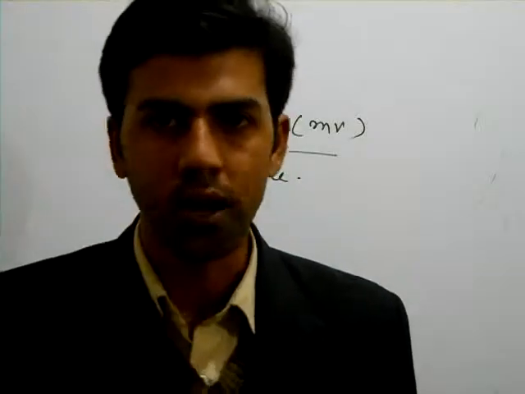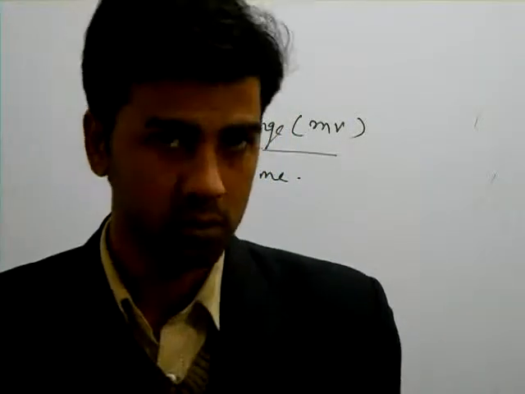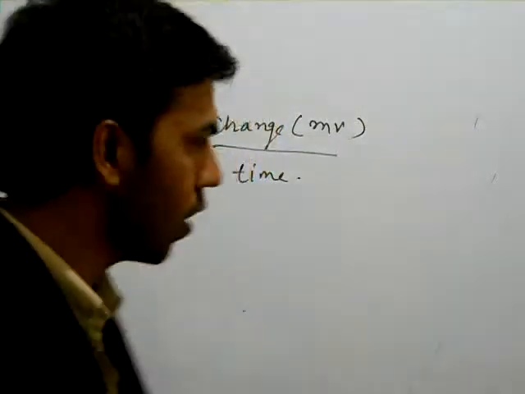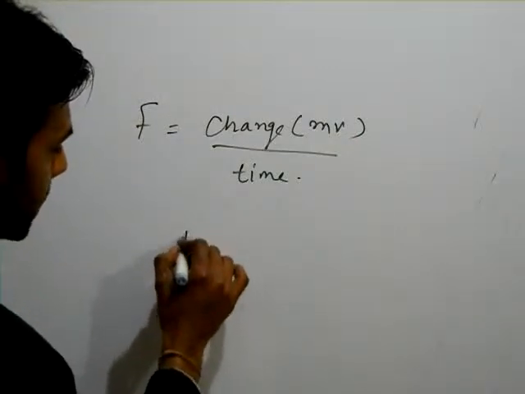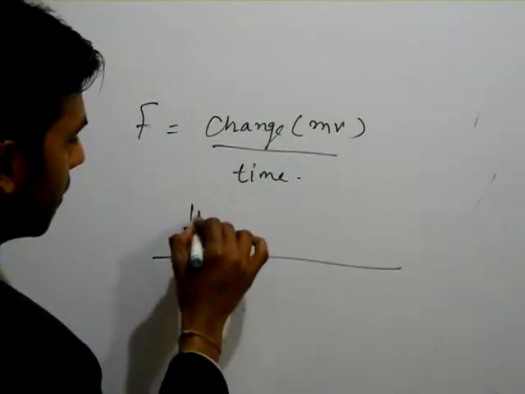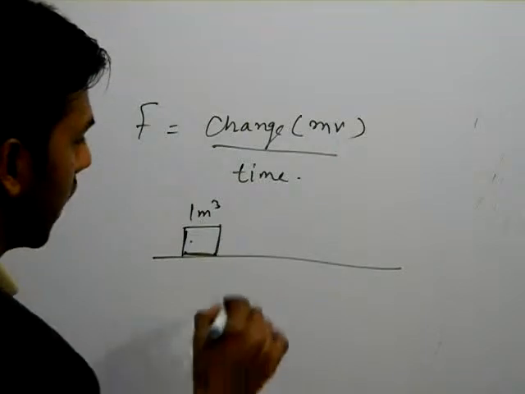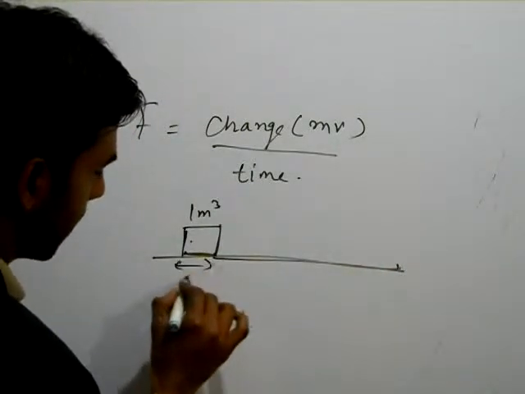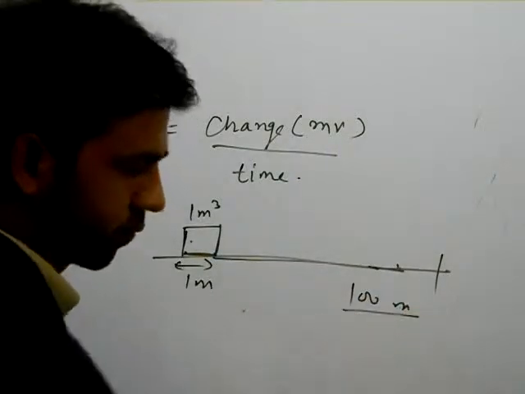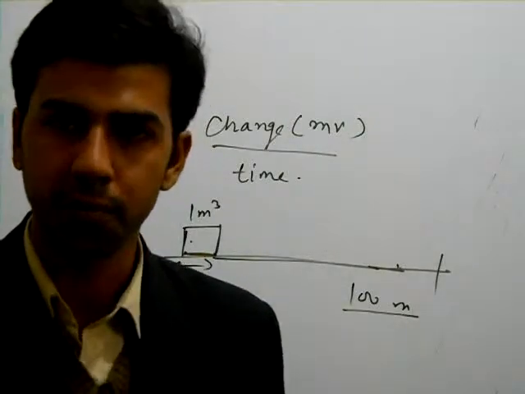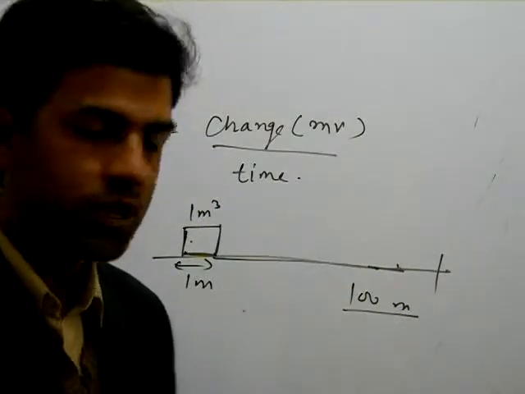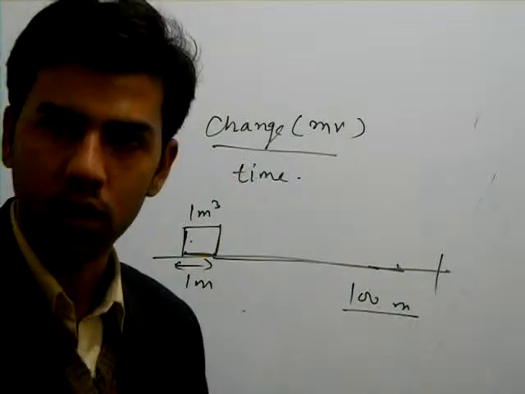Let us see which objects we consider as points and which not. Suppose an object moves from here, and we take its size as a 1 meter cube in 3D, so its length is 1 meter. It goes to a distance of 100 meters. With respect to 100 meters, this object is like a point. So we have to check how much distance it is covering.